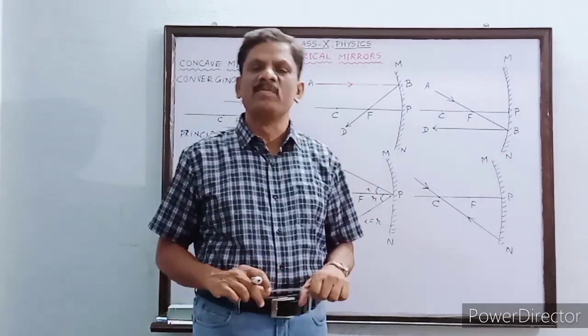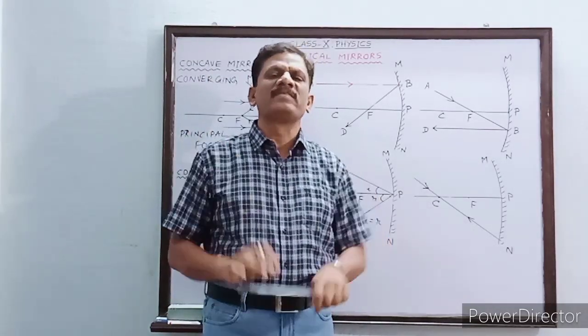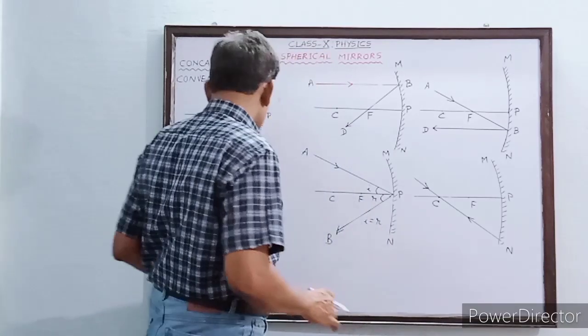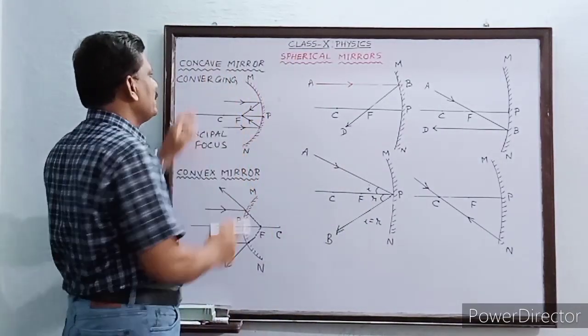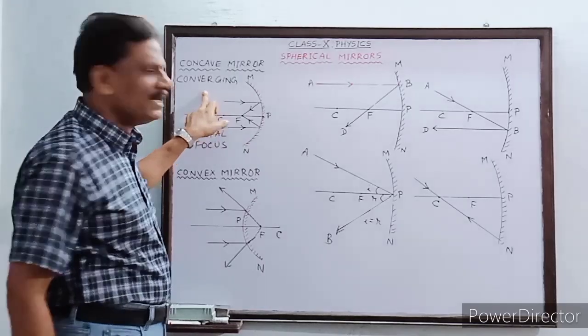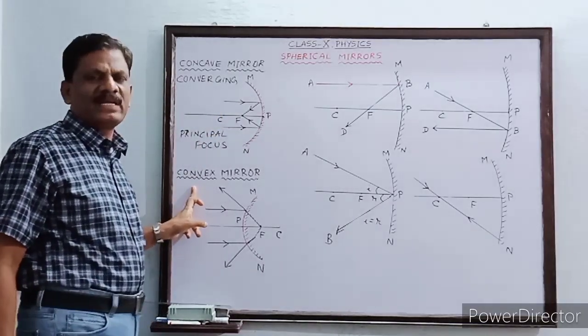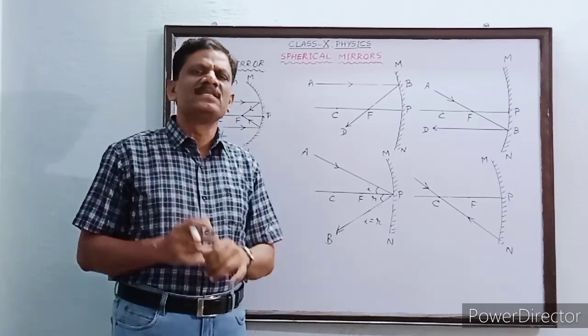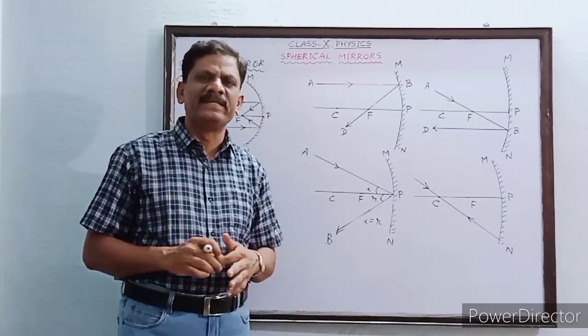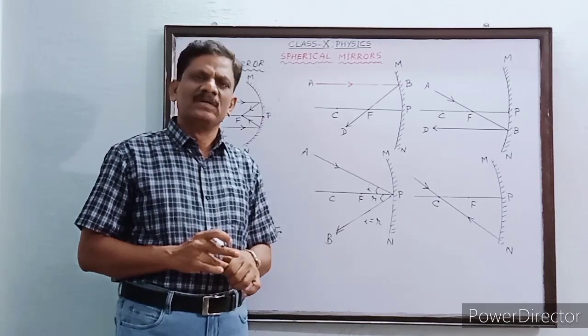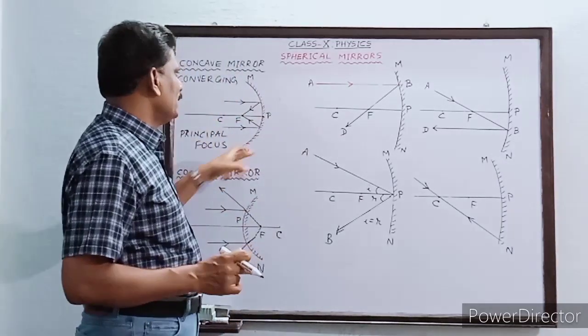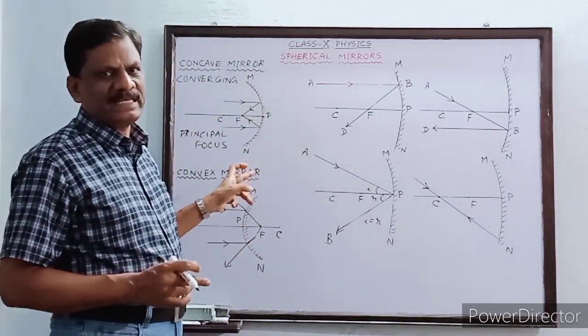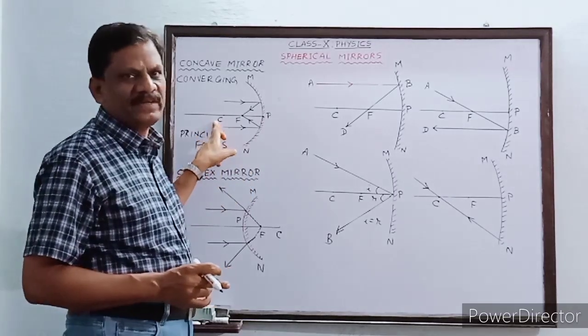Okay, students, I hope you have understood the two types of spherical mirrors we have discussed today. One is called the concave mirror, which is also called the converging mirror. The second one is called the convex mirror, which is also called the diverging mirror. Any spherical mirror is not fully spherical, it is a part of a sphere. So the entire sphere will have a center, and that is called the center of curvature.